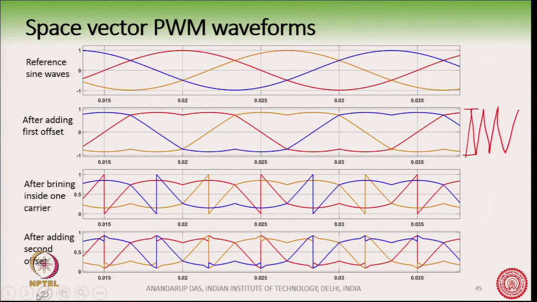Okay. The carrier is in fact not shown in this waveform in order to have clarity. So, here are the carriers which are spanning between +1 and -1. Okay, the carrier is here.